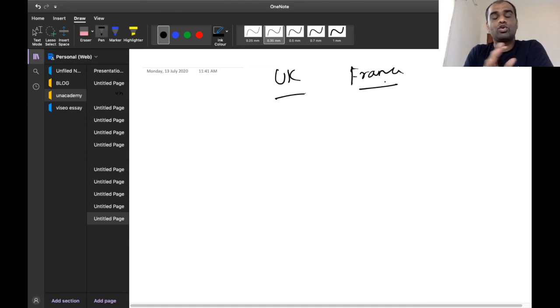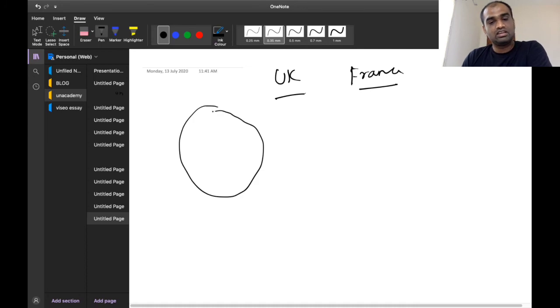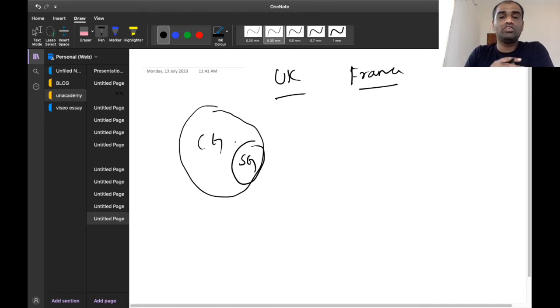These countries are not called federal because in the UK as well as France, state governments derive their power from the central government. The central government is the authority which gives power to these state governments. So state governments come under the authority of the central government. State governments don't have any real autonomy.